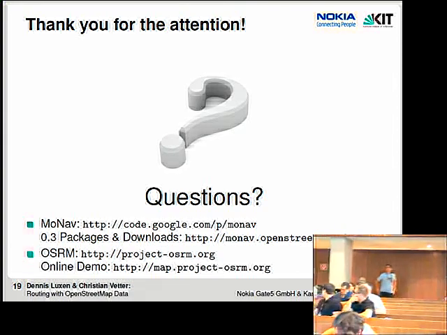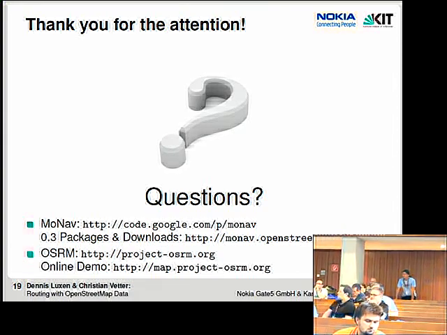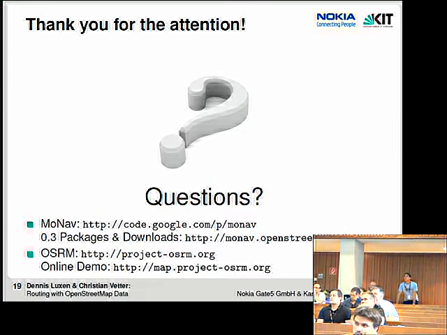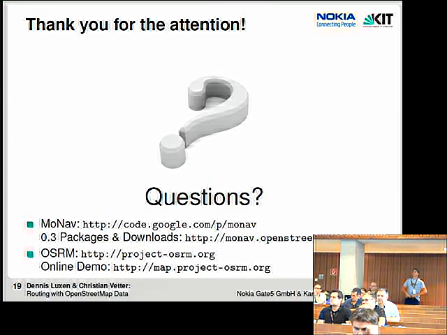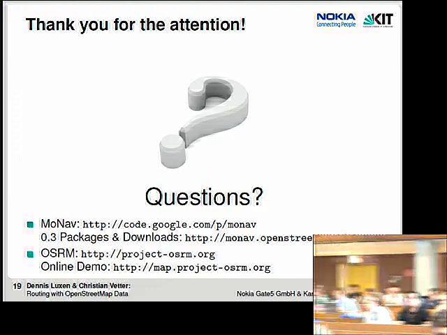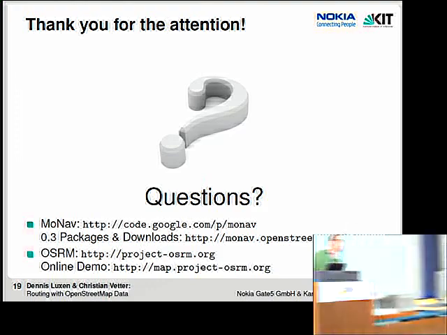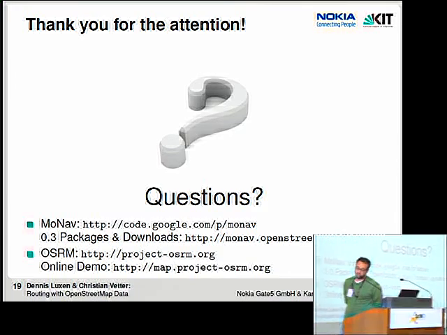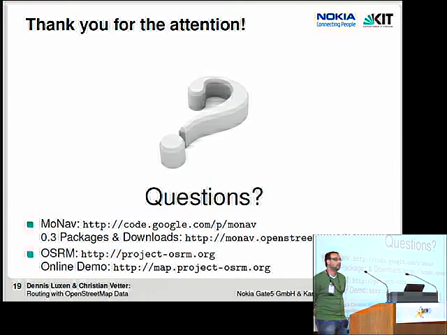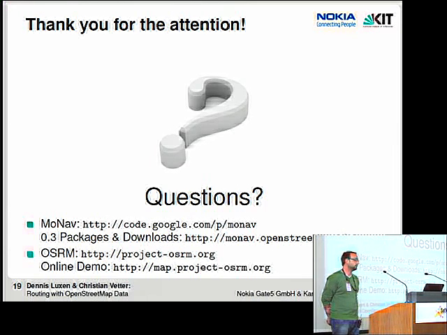Thanks. Hi. How do you estimate travel times, and to what extent do your estimations agree with other routing services like Google Maps? How do we estimate what times? Travel times. Yeah, guessing travel times is a bit of black magic.